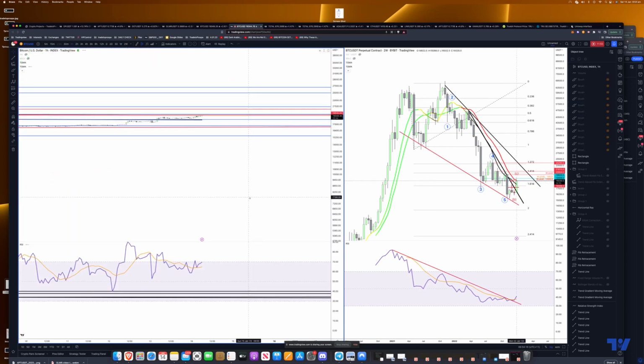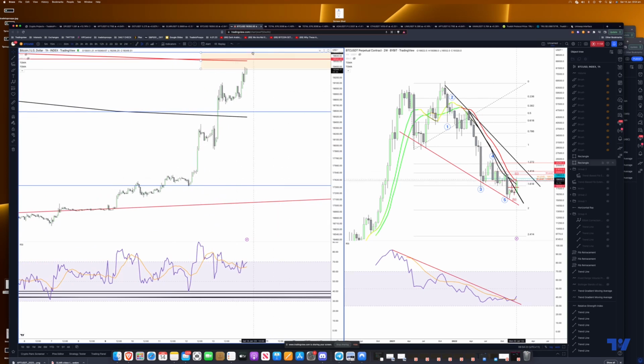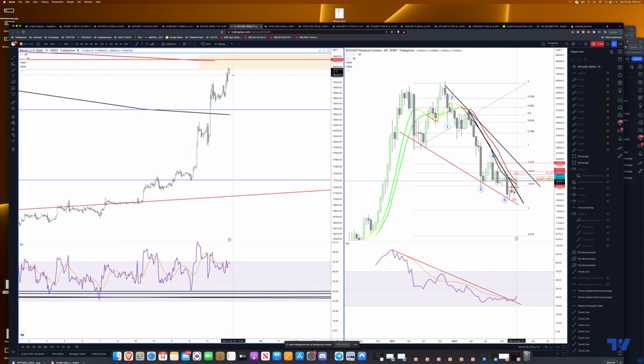Let's see on the 1 hour. It's getting there. And we've got our moving averages that are coming. So if this is our buying climax, secondary test, not there yet, upthrust, this could be our buying climax here.